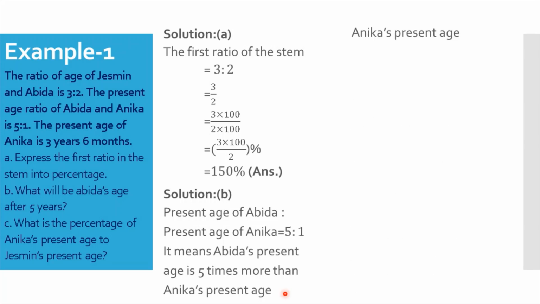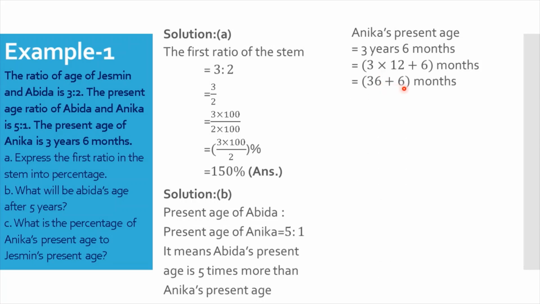So at first we have to convert Anika's present age to months. It will be helpful for our calculation. You can convert to years or you can convert to months. So 3 years 6 months, if we want to convert it to months, 3 multiplied by 12, because 1 year equals 12 months.